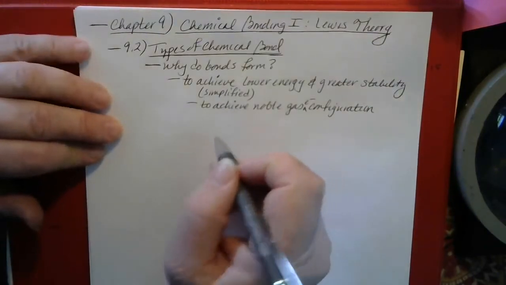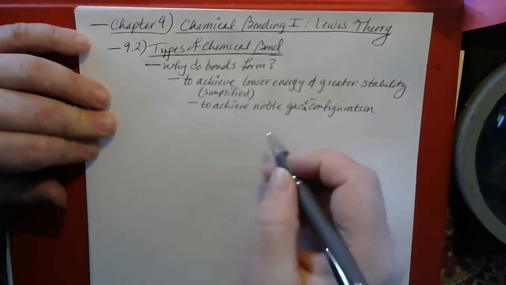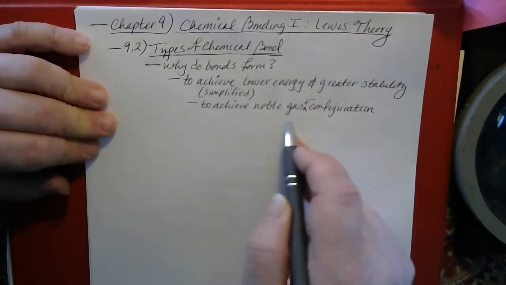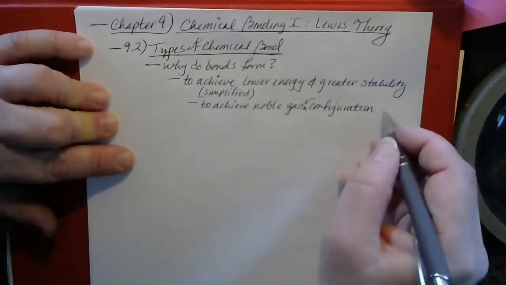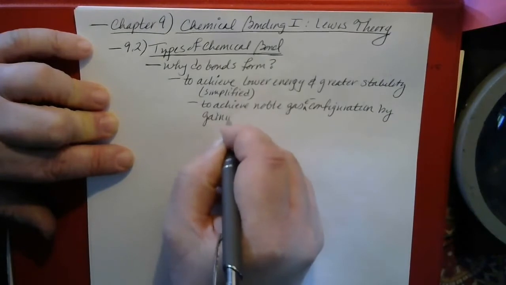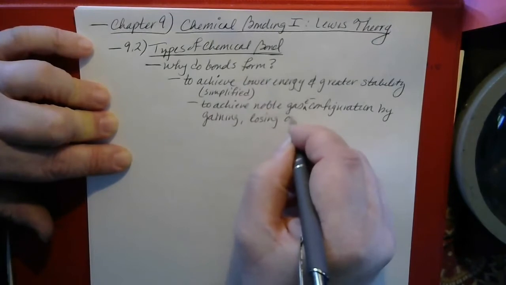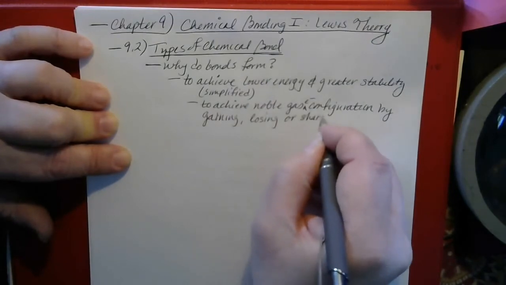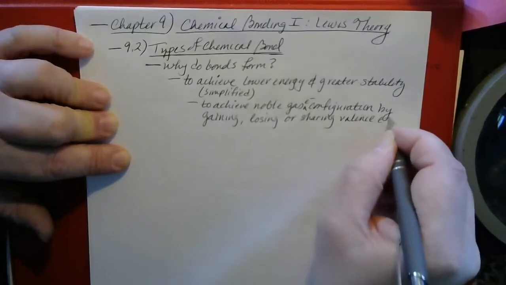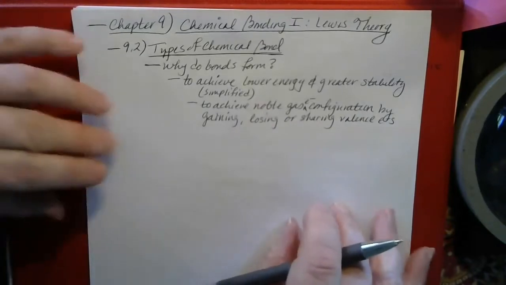And that's what most bonding is actually about: gaining, losing, or sharing valence electrons with another atom. And that's what most bonding really consists of.